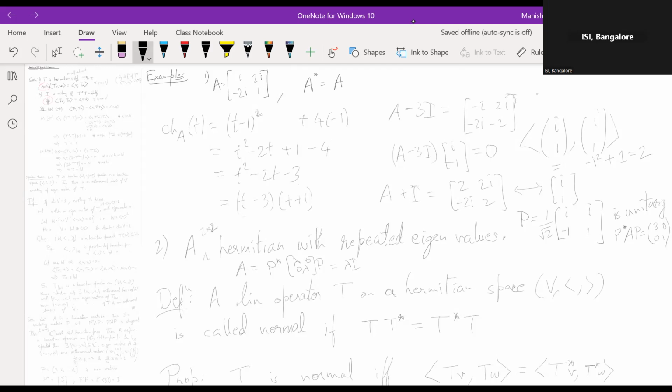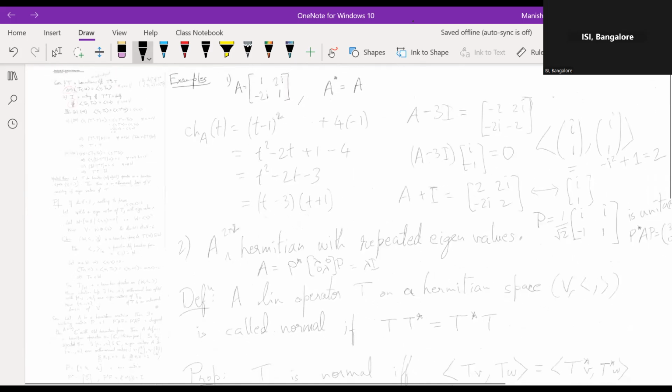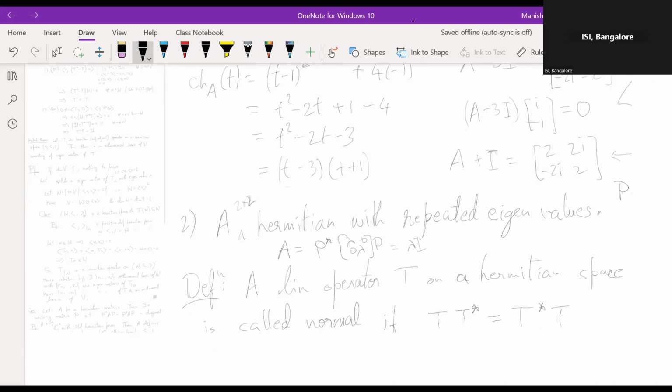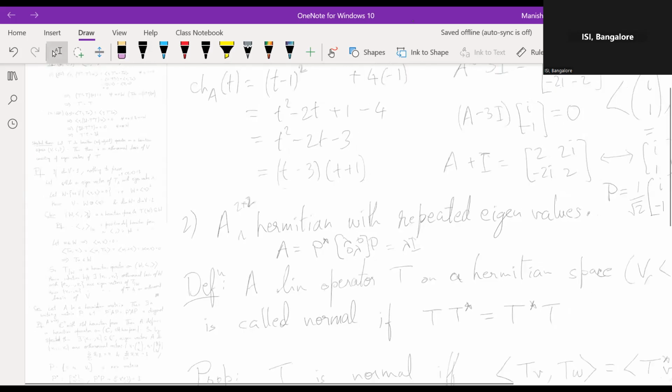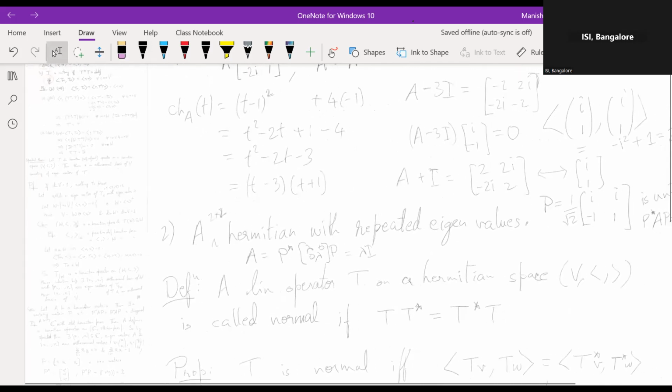Okay, so we proved this spectral theorem for Hermitian operators. This is true for more general operators, for unitary operators as well, or more generally what is called a normal operator on a Hermitian space. So let's discuss what a normal operator is.